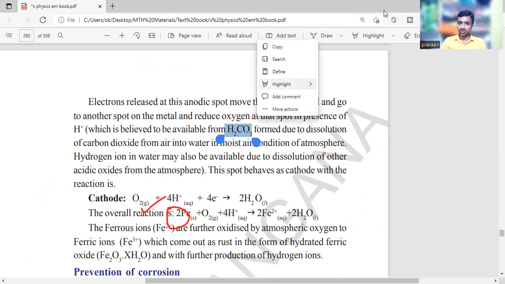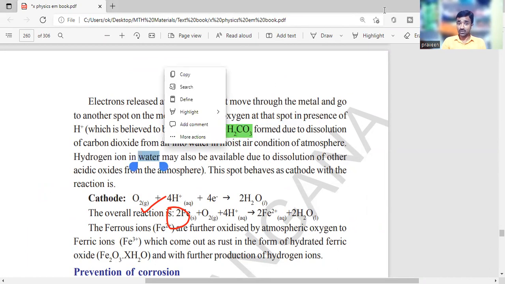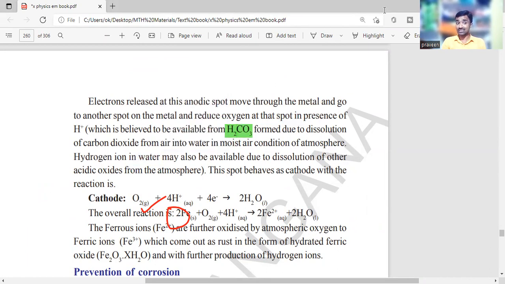The metal reacting with the acid displaces hydrogen gas and forms the salt. Also, dissolution of acidic oxides may be formed in the atmosphere.